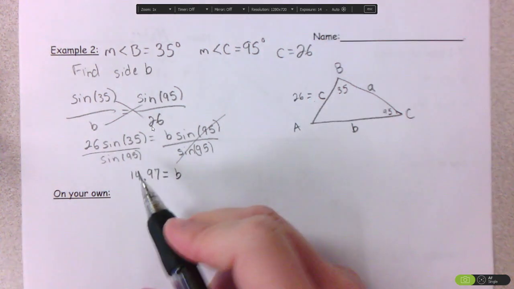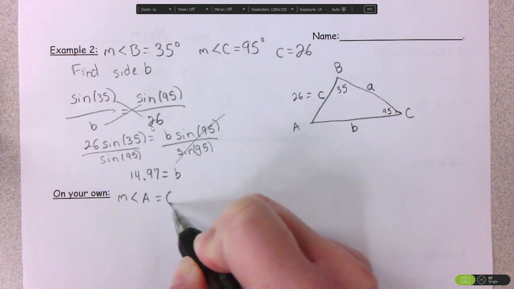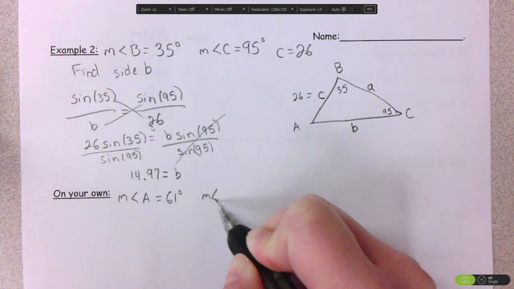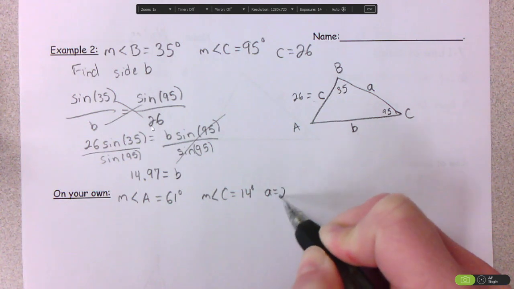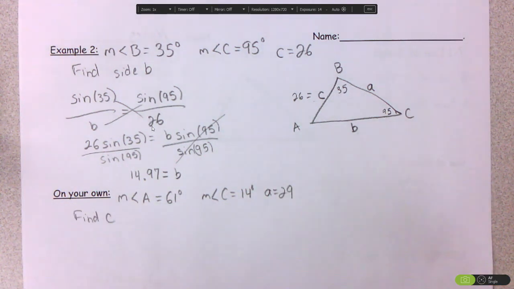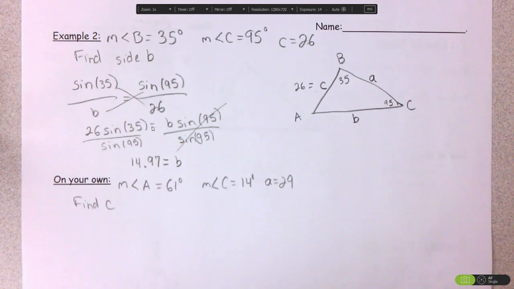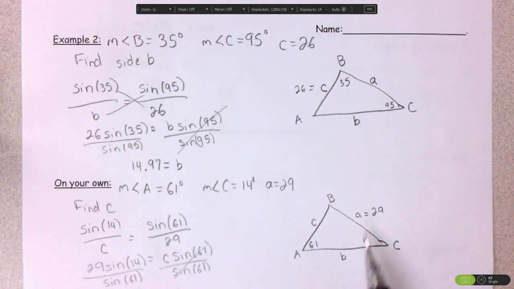All right, let's try one of those on our own. Measure of angle A is 61 degrees. The measure of angle C is 14 degrees. Side A is 29. And I would like you to find side C, please. Try that one on your own. All right, so for the on your own, we draw a picture.